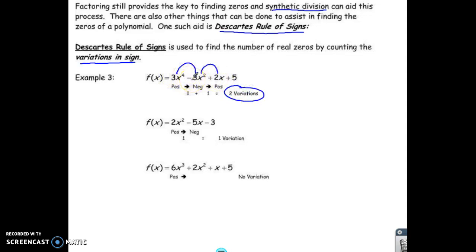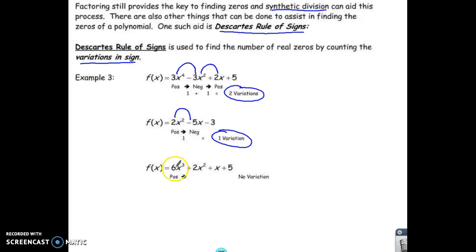Positive to negative is 1. Negative to positive is 2. 2 humps, 2 variations. All right, we go down to here. We start at positive. We go to a negative. There's only one variation. We stay negative, so it has one hump, one variation.